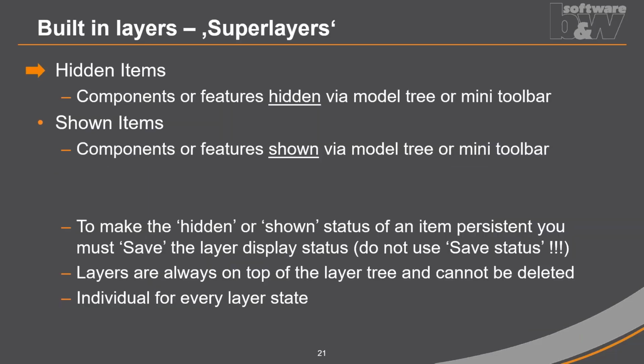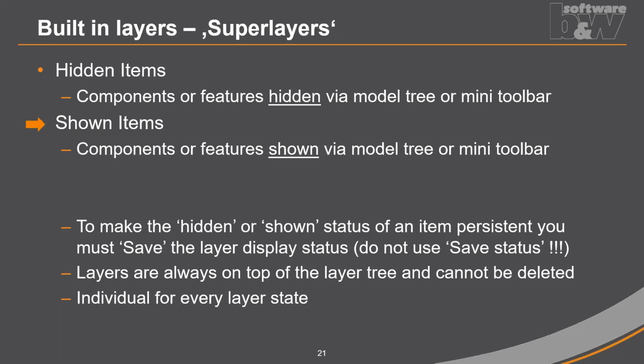Just a few words to these super layers. Well, the hidden items and the shown items, they are collecting the features that you control with the right mouse button or the mini toolbar with hiding and showing elements. As I already said, this is not persistent unless you're saving this status.